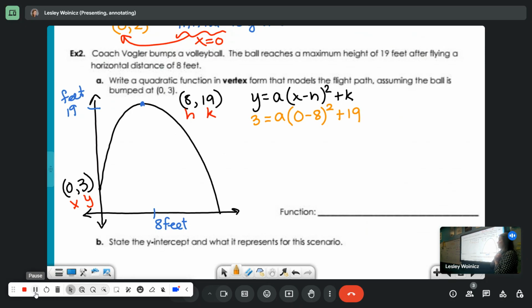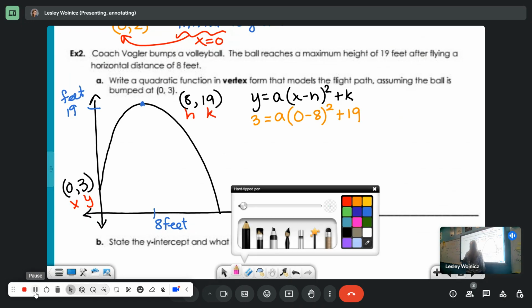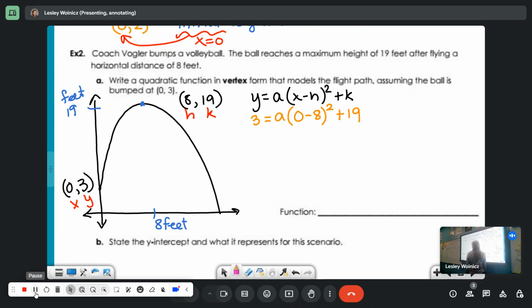All right, so I can kind of do 2 things in my first step. I can subtract away the 19, and I can square the negative 8. 0 minus 8 is negative 8, right? So what's negative 8 or even positive 8 squared? Yeah. So I have an a times the 64.